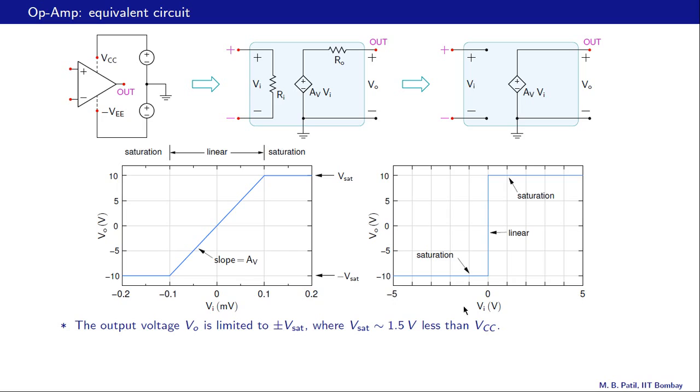So here the input voltage is going from minus 5 to plus 5. The output voltage is going from minus 10 to plus 10. And this entire region now looks like this. So it has got compressed, and you really can't see the width of this region in this figure.